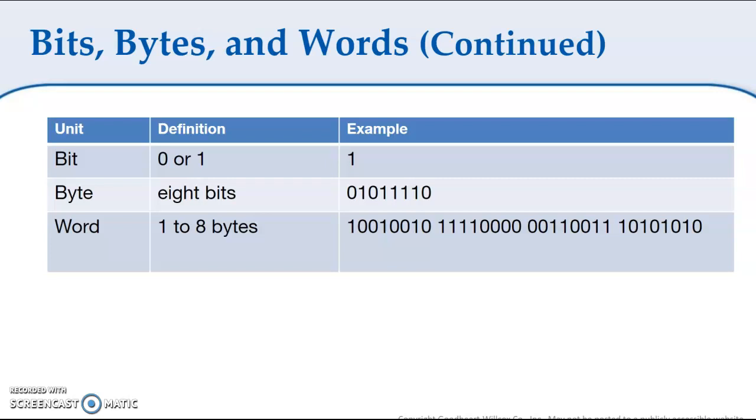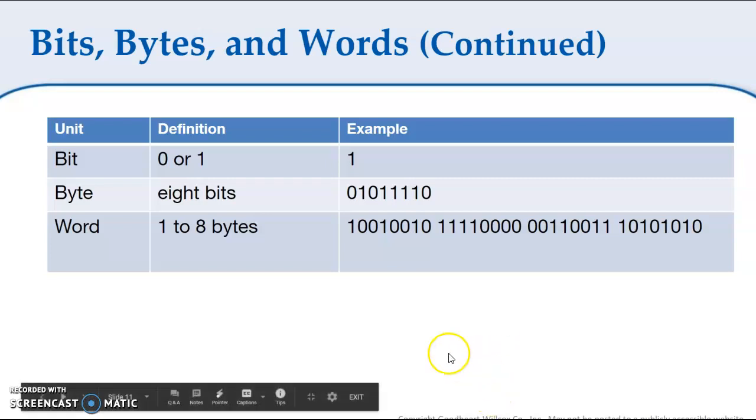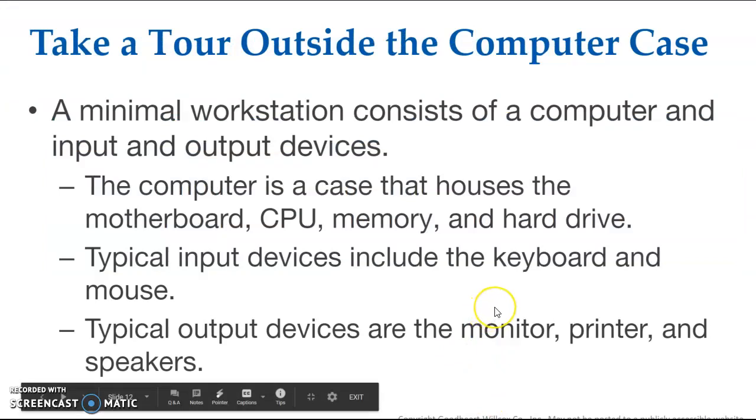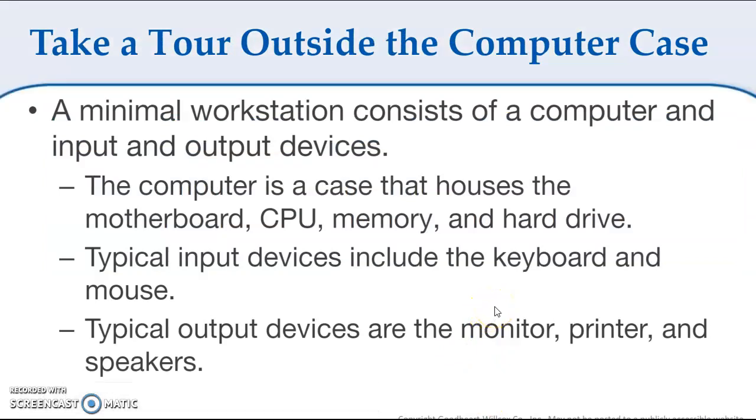A word is 1 to 8 bytes. An example of all of those binary digits combined to make a word. So again, the confusion might still be there, but we're going to get a chance to practice this. We will be practicing it in class with a number of different guided practice and independent practice activities.